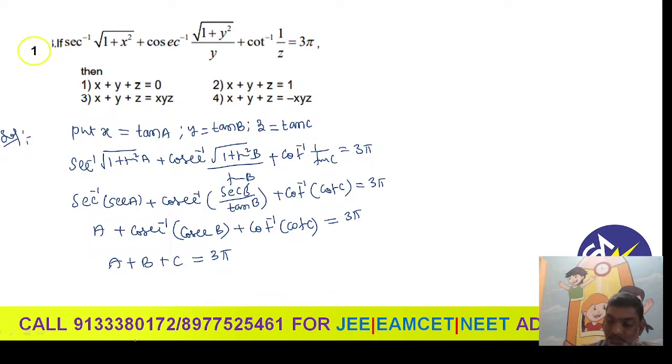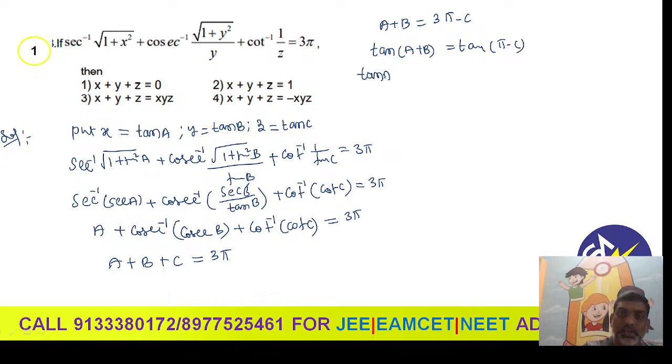So if we simplify further, we can take c that side. Yeah, a plus b is equal to 3 pi minus c, and tan of a plus b is equal to tan of 3 pi minus c, nothing but pi minus c.